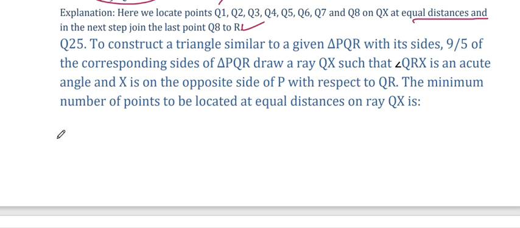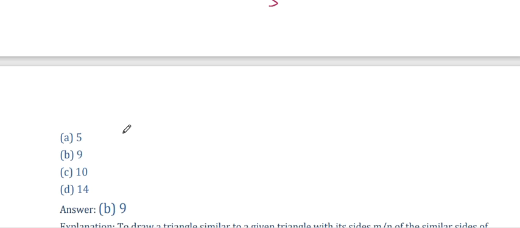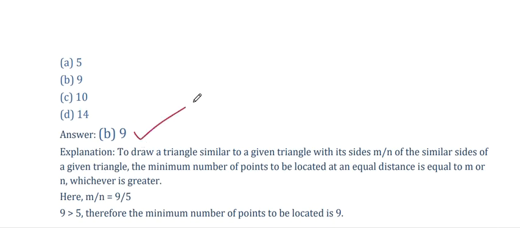To construct a triangle similar to this one, 9 by 5 of the corresponding sides, you know, 9 by 5, right? You are very familiar with it, and you have done so many questions on this construction. So here are 5, 9, 10 and 14. We obviously take 9, that is the numerator, and the numerator decides that we will take the last point.